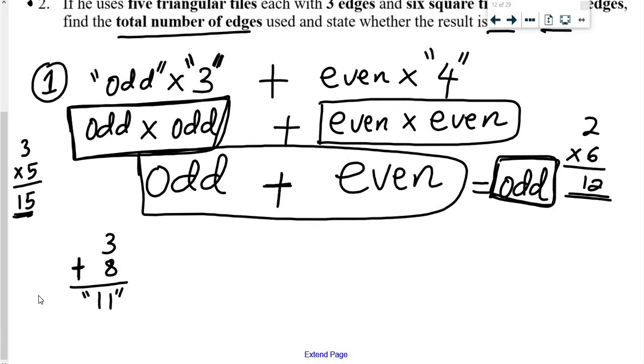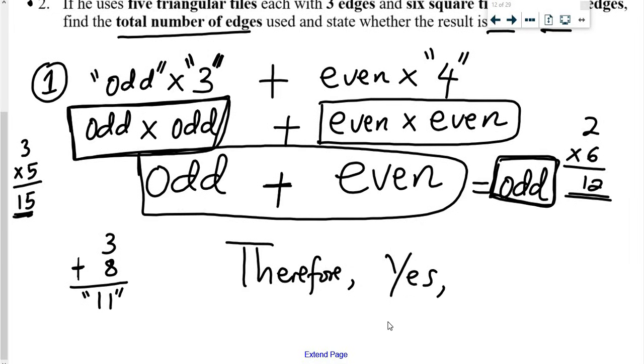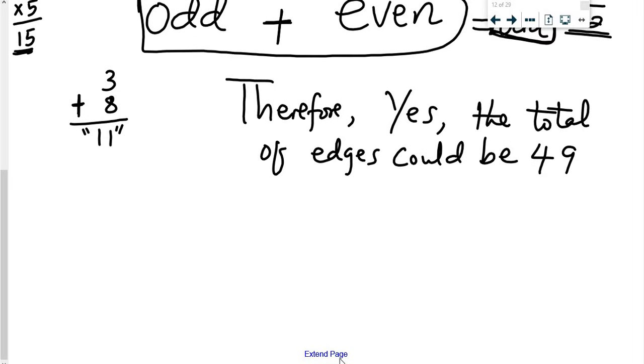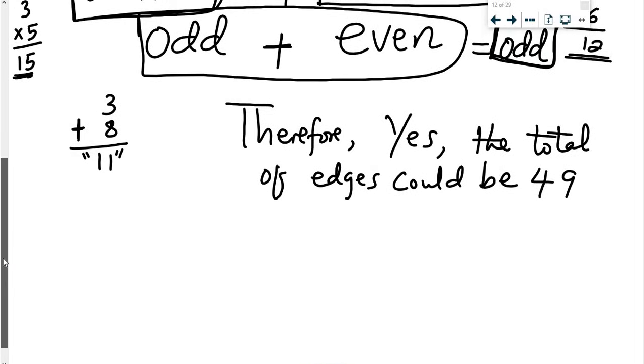So, what do we conclude? We're going to conclude saying that, therefore, yes, the total of edges could be 49. Do you know why I'm saying yes?